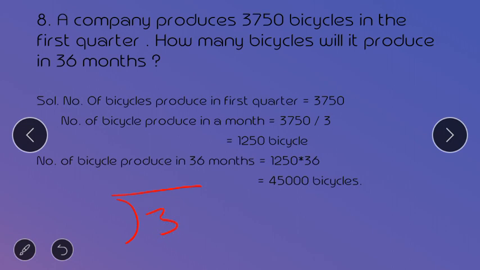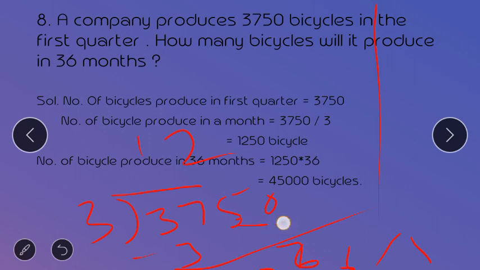All that work you have to do in the rough work, which means on the side of the copy. Divide 3,750 by 3. 3 ones are 3. Minus it, 3 minus 3 is 0. Then 7: 3 twos are 6, 7 minus 6 is 1.